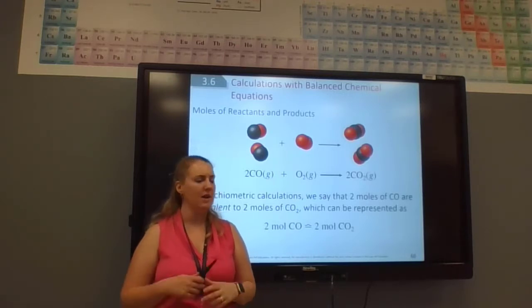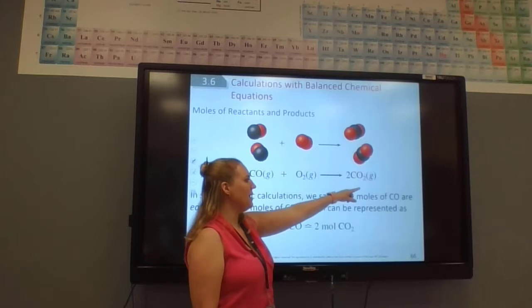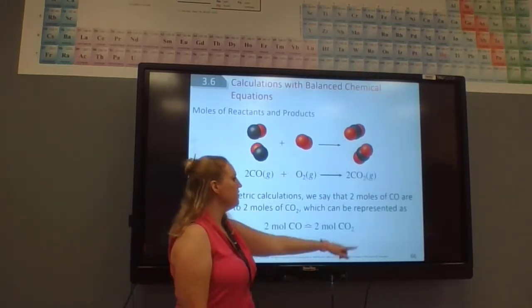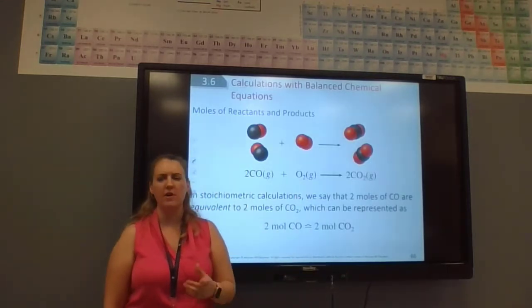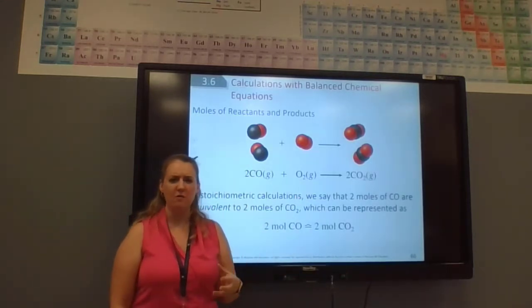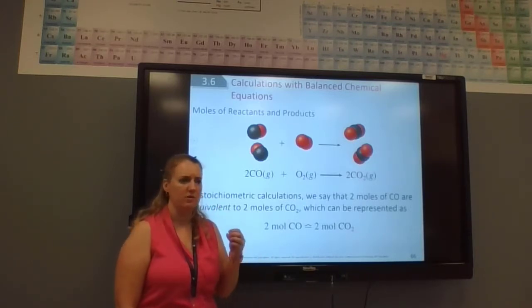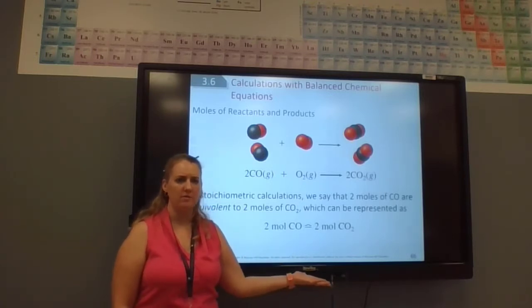For every 2 carbon dioxides, it takes 2 carbon monoxides. For every 2 carbon dioxides, it takes 1 mole of oxygen. Why is it helpful to know this in terms of moles instead of just molecules? Because I can get to moles from what?